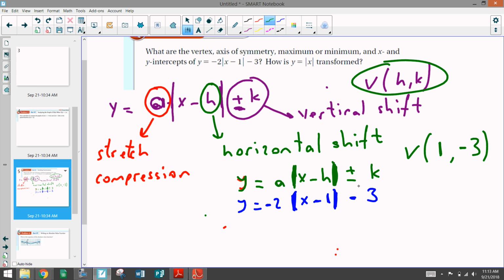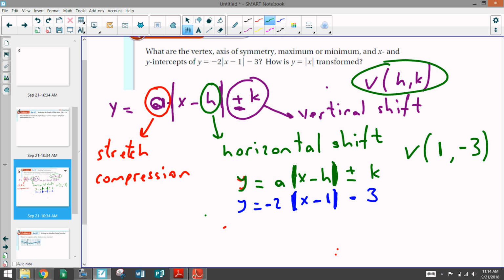So that negative comes from the formula itself. So k matches with 3. When I look back at question number 8, it's telling me the vertex is, okay, wait a second, let's finish this question first. So what is the vertex? 1 and negative 3.